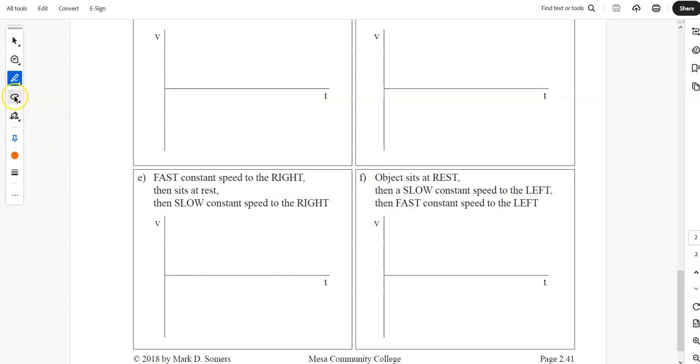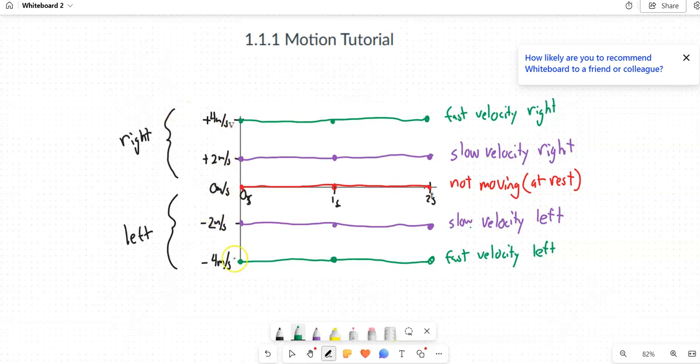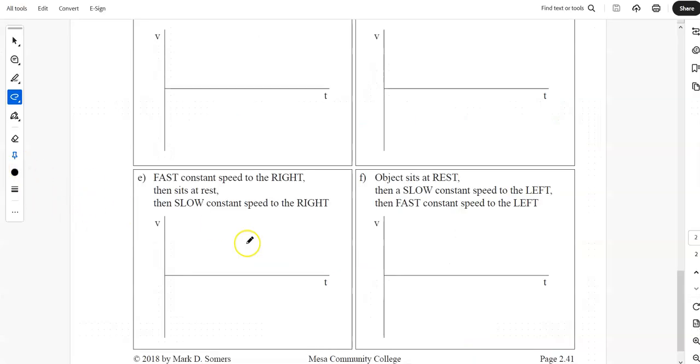So what I'm going to do is I'm going to go to the drawing part, and I'm going to draw and number this velocity versus time graph just like I numbered the previous one, except now I'm going to use 3 seconds because there's 3 different types of motion. So this is 0 seconds, 1 second, 2 seconds, and then finally 3 seconds at the end.